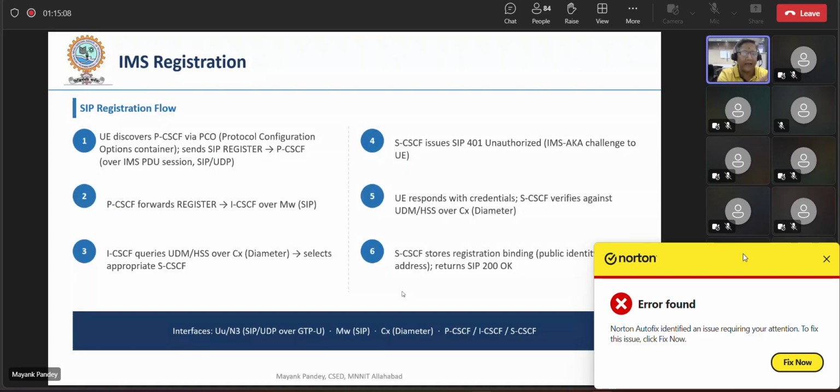Thus SIP registration. So the first step, as we know, is the proxy address, the P-CSCF of the IMS. The SIP REGISTER request is sent to the P-CSCF over the IMS PDU session, which we just made.